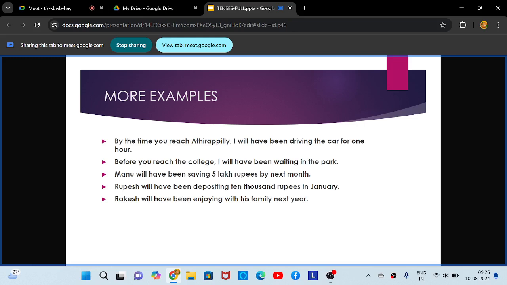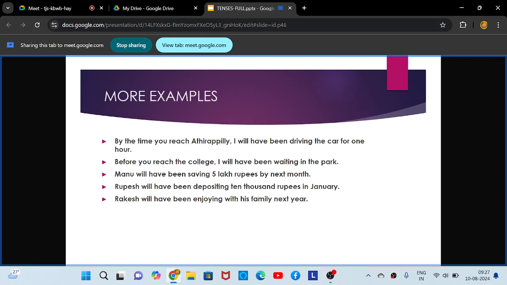Next is, Rupesh will have been depositing 10,000 rupees in January. Again here, Rupesh will have been depositing. In the third example, only one action is mentioned. Never mind, you just need to focus on the structure. It is not compulsory that two actions are always given in the future perfect continuous tense.